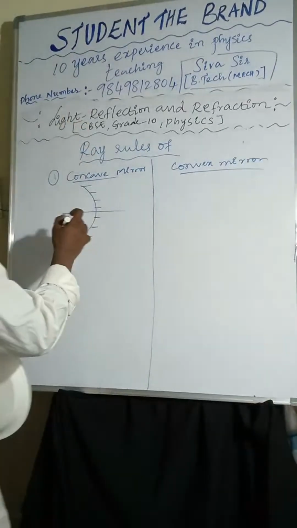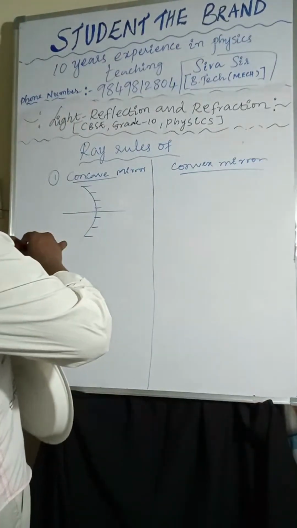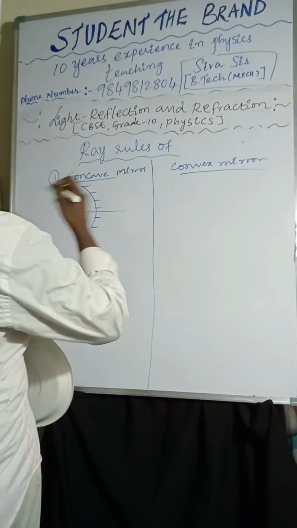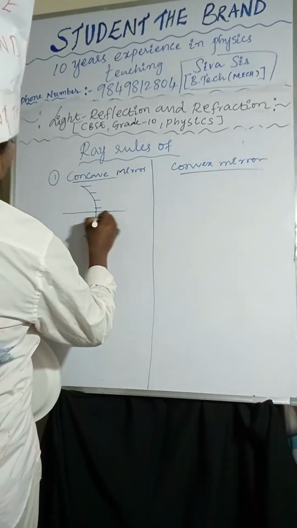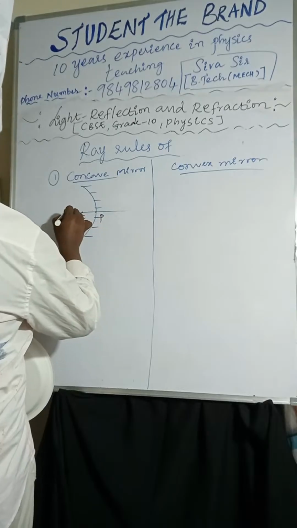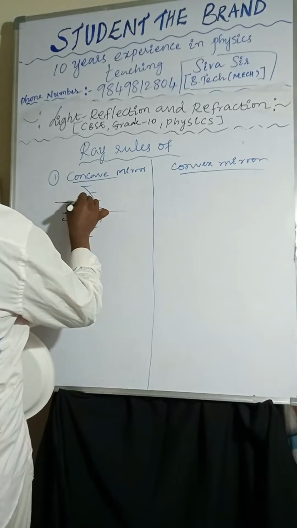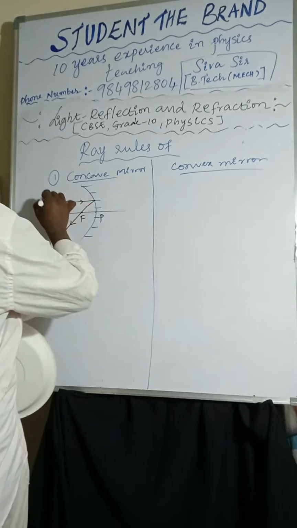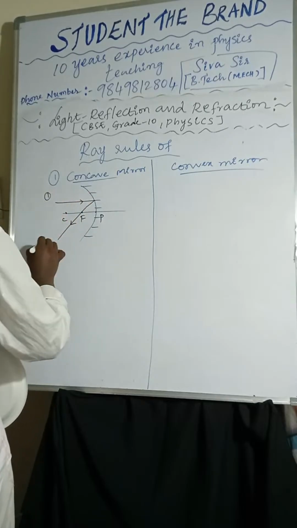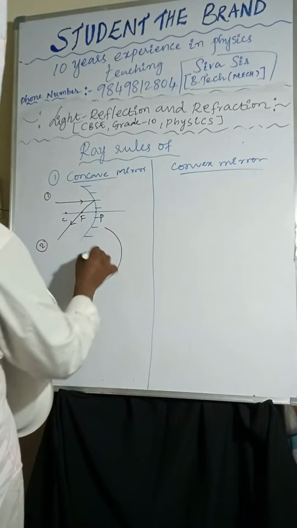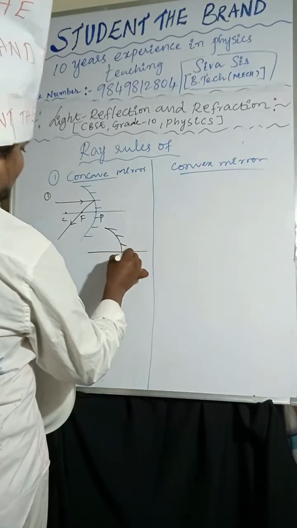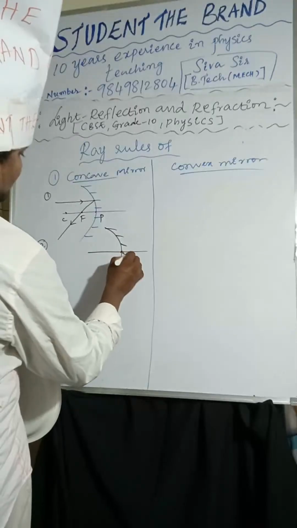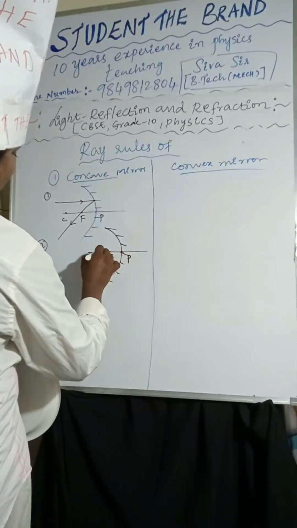Here are the pole, focus, and center of curvature. If the light ray is coming from infinity, after reflection it passes through the focus. If the light ray passes through the focus, after reflection it goes towards infinity.